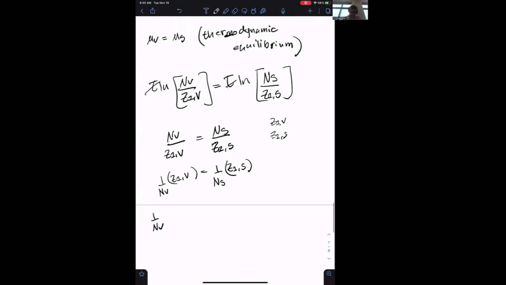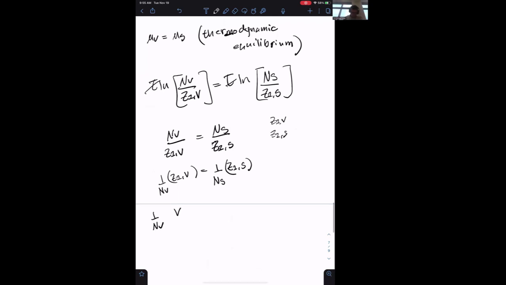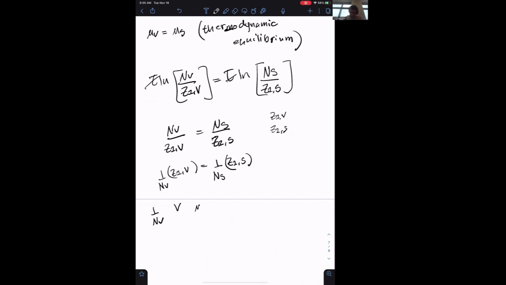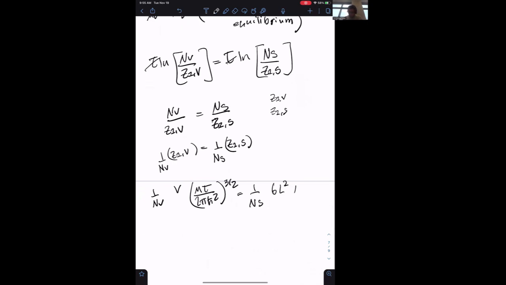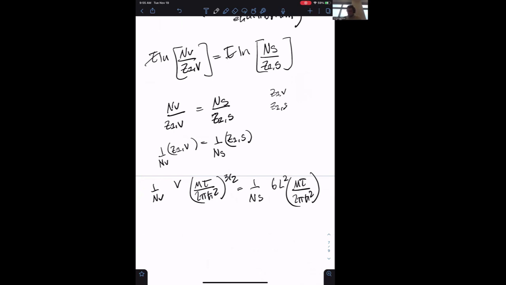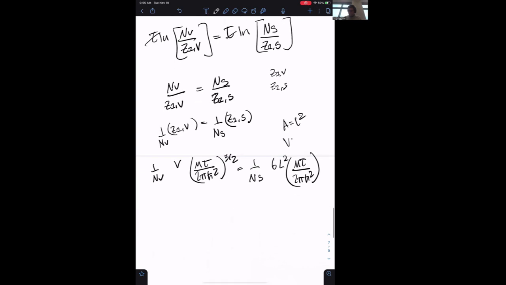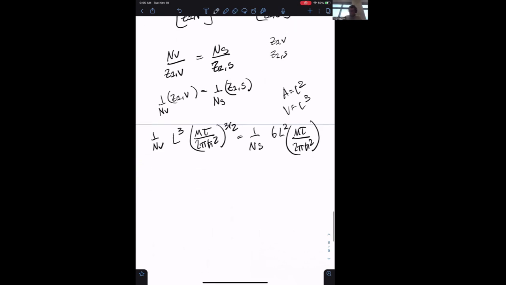So we have E. Like this. Okay, so you see that I already rewrote A again in terms of L squared, and V I'm going to write as L cubed, because now a lot of this stuff is going to cancel out, like the L squared over there.